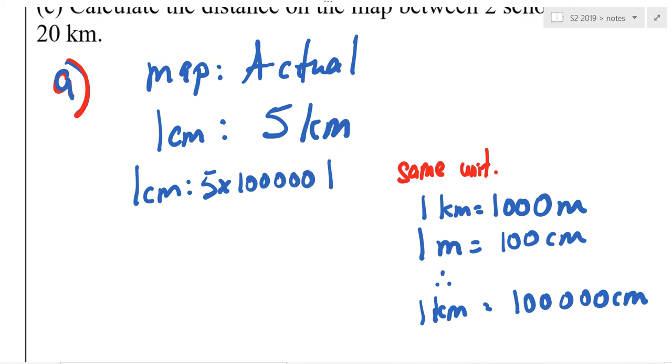Okay, next. I want the scale. Jaren, what is important in scale? No unit. So what's the next step? Very natural. The scale is 1 is to 500,000.